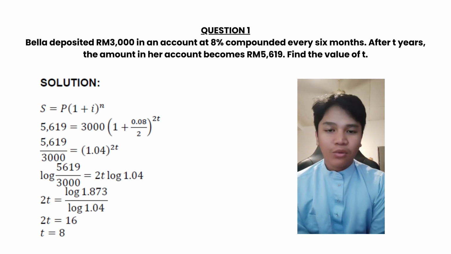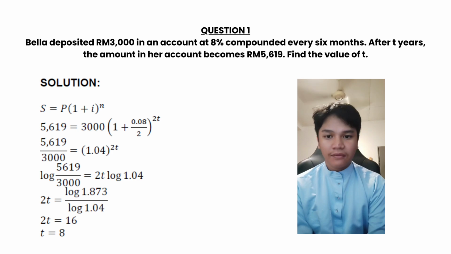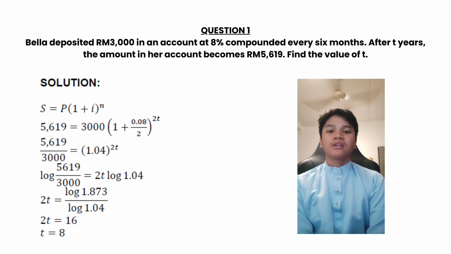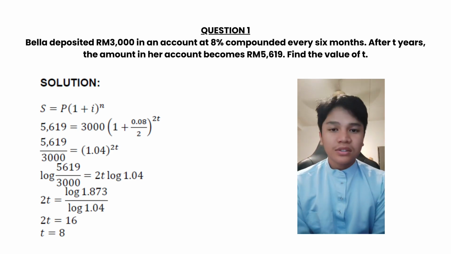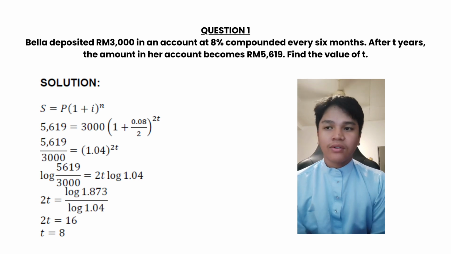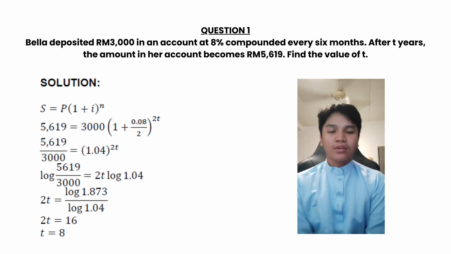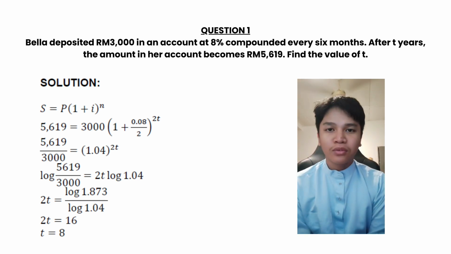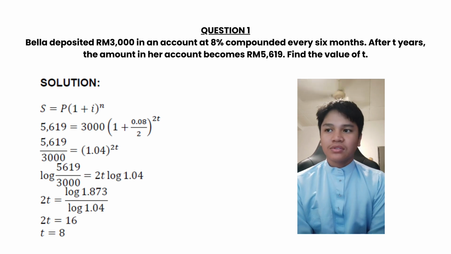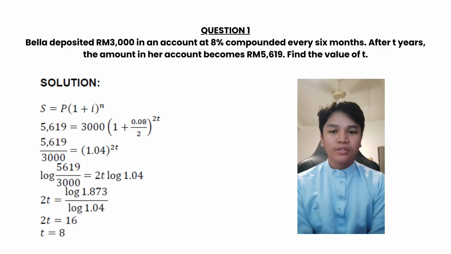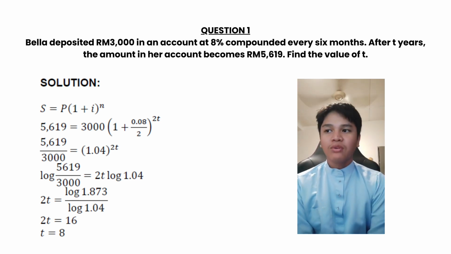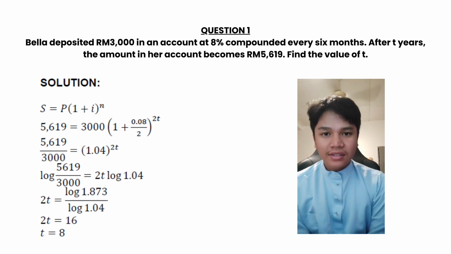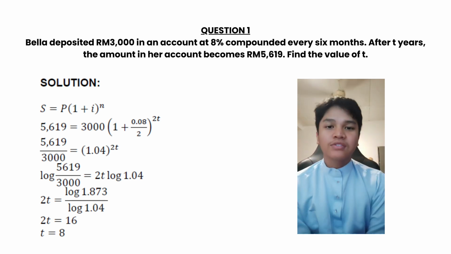Since you have to log 1.04, the 2t will come to the front of the numbers, so it will be 2t log 1.04. Then you don't have to calculate it yet. You have to move log 1.04 to the other side, and then you will have log 1.873 over log 1.04.